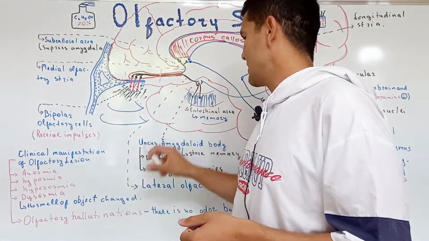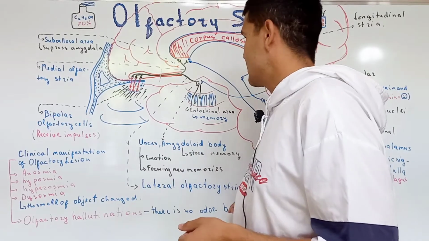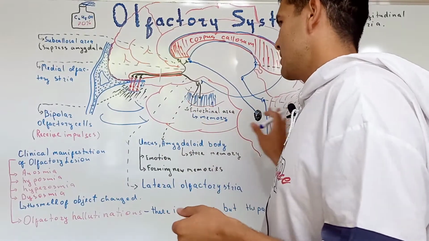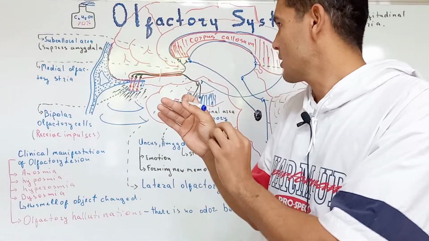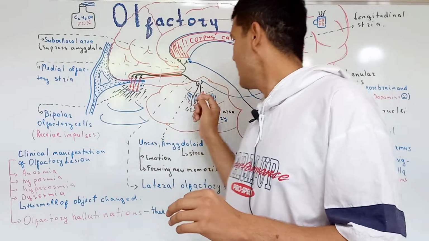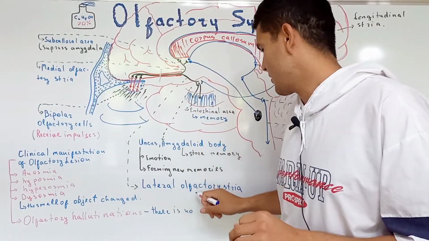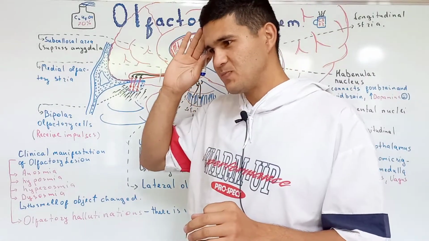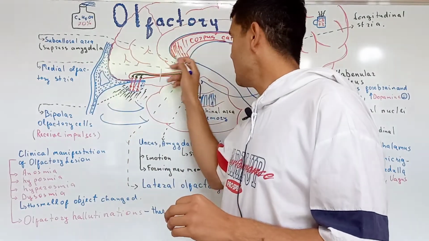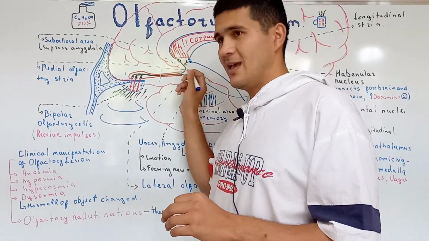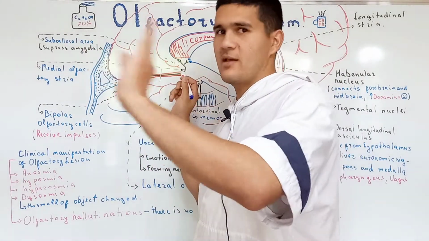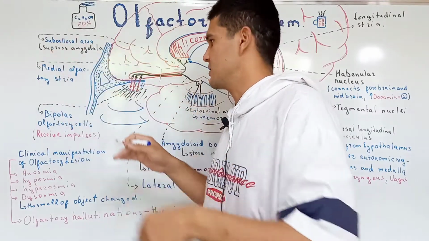The first way is the lateral olfactory stria, directed ipsilaterally to the lateral part of the hemisphere, that's the right side. And the medial olfactory stria sends the information contralaterally, from the right side to the left side, okay?